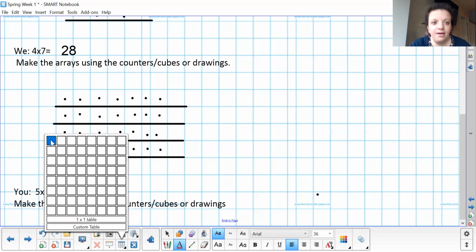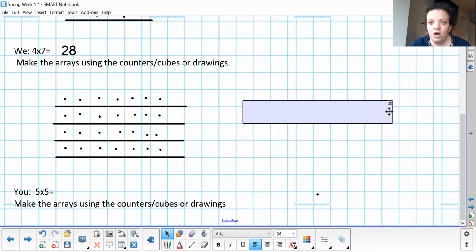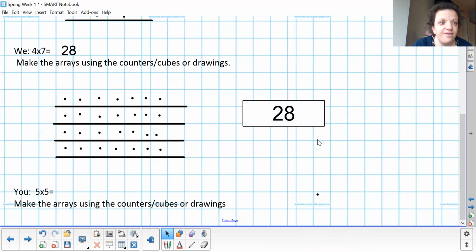And I can draw my part-part whole. So my whole number is going to be my total. So that's going to be 28. Okay, and I'm going to have 4 parts.